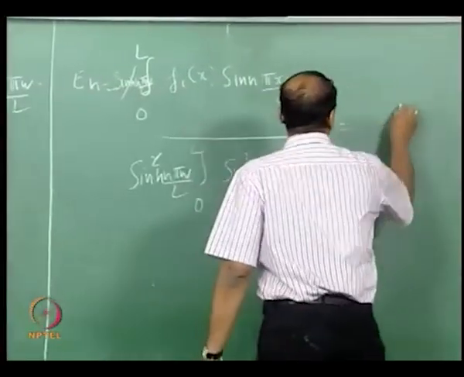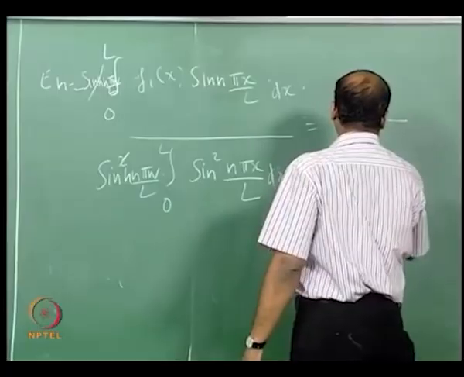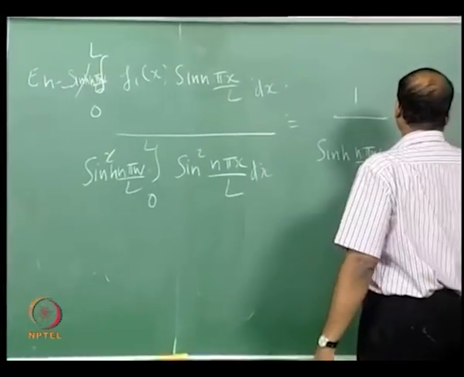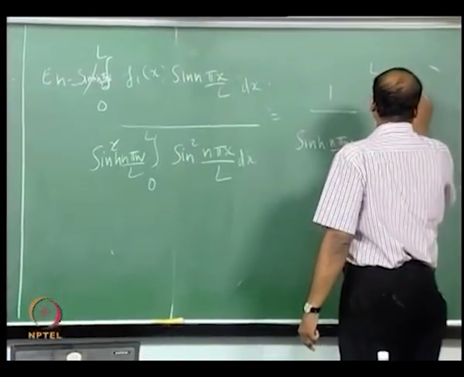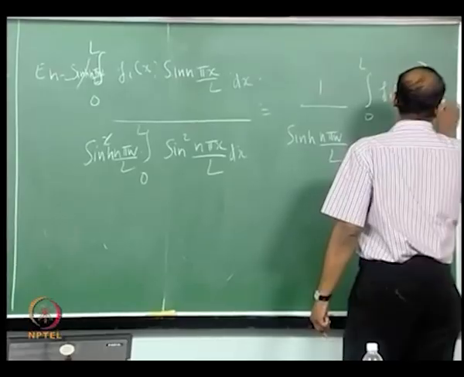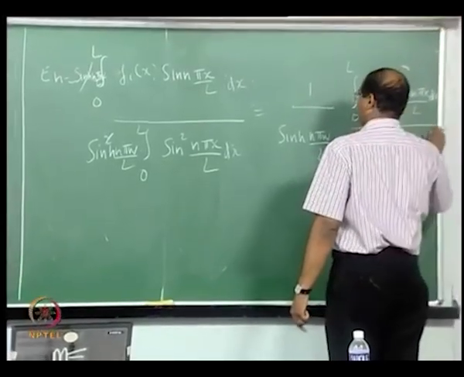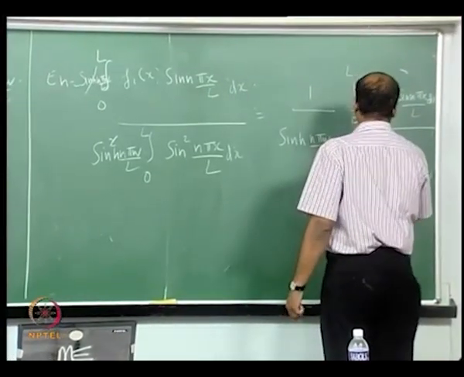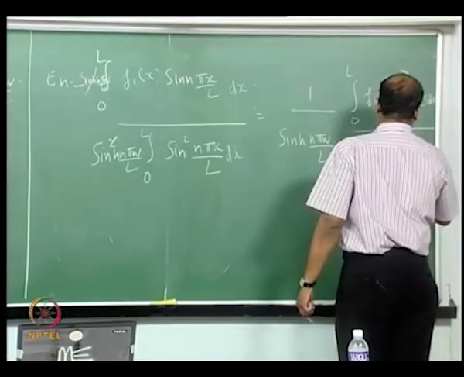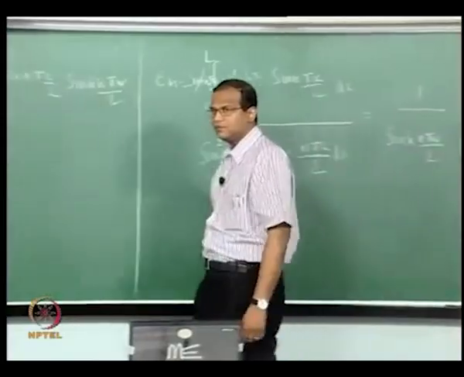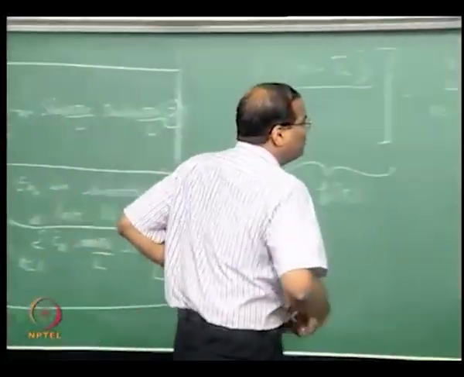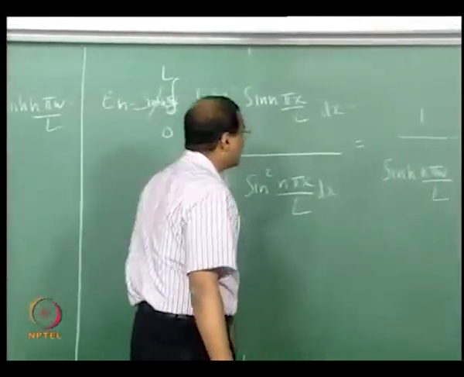So En will be equal to the denominator is what we already evaluated, L by 2, okay. Now if you go on like this it becomes very difficult.